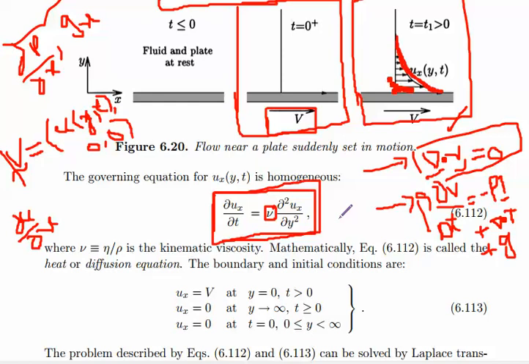The unknown function u depends on x and t. So this is called the linear second order partial differential equation, along with the initial as well as boundary conditions.